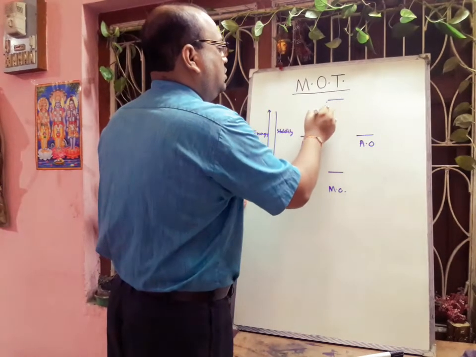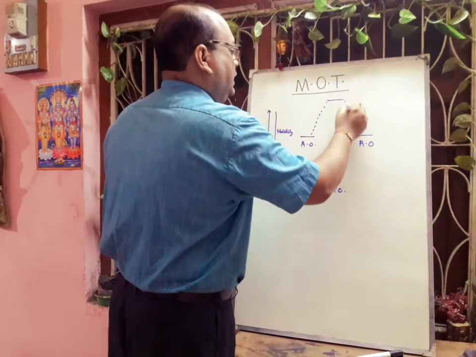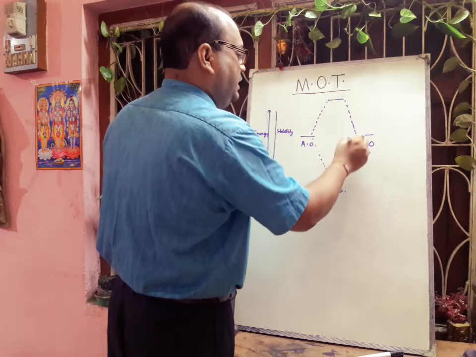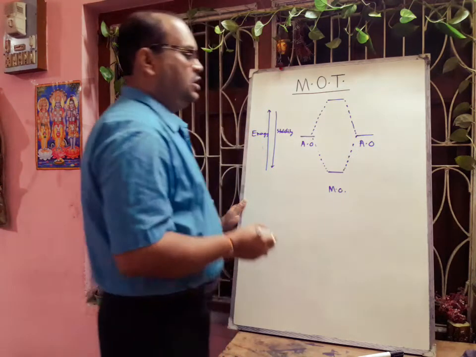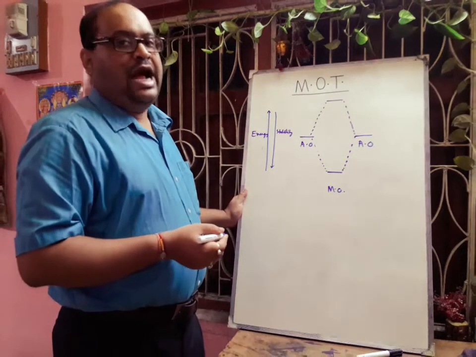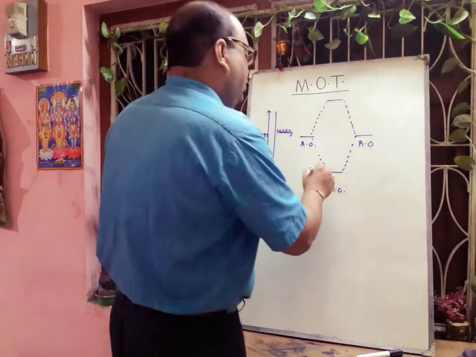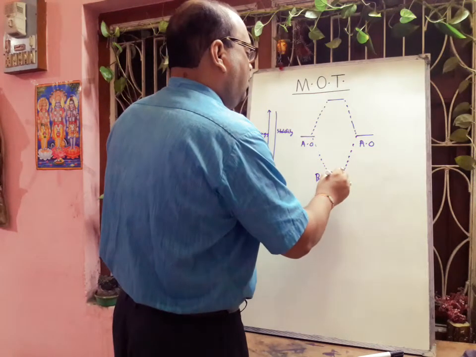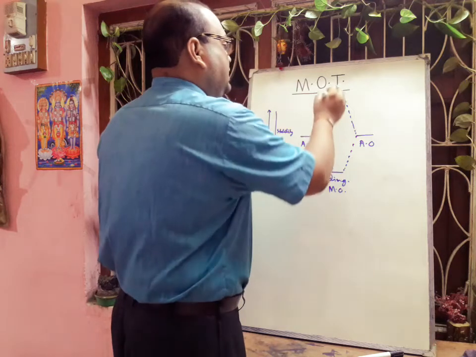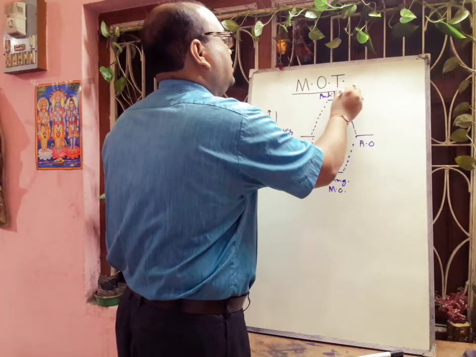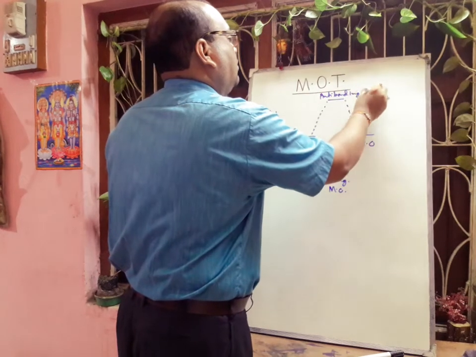So we are getting two molecular orbitals by combining these two atomic orbitals. The lower energy molecular orbital is called bonding molecular orbital. So this is called bonding MO, and this molecular orbital is called anti-bonding molecular orbital.